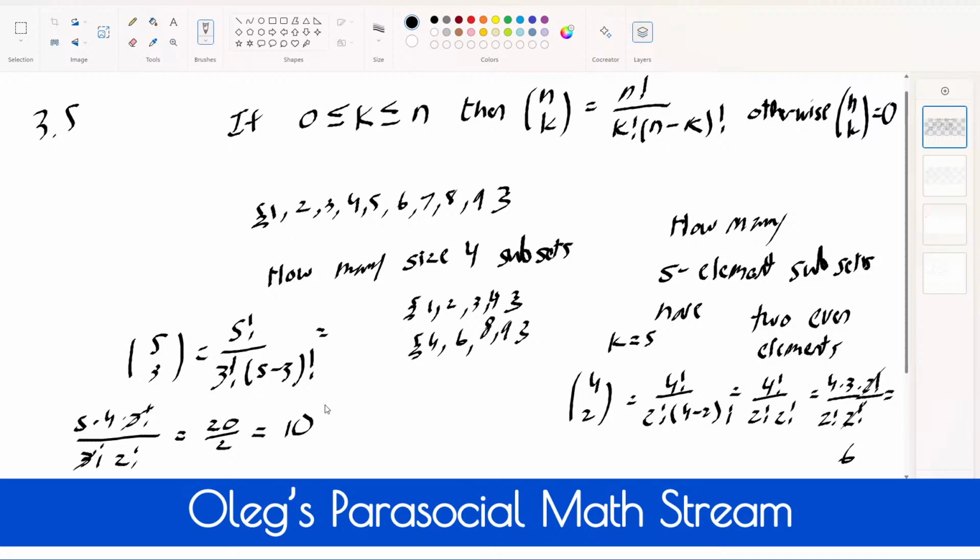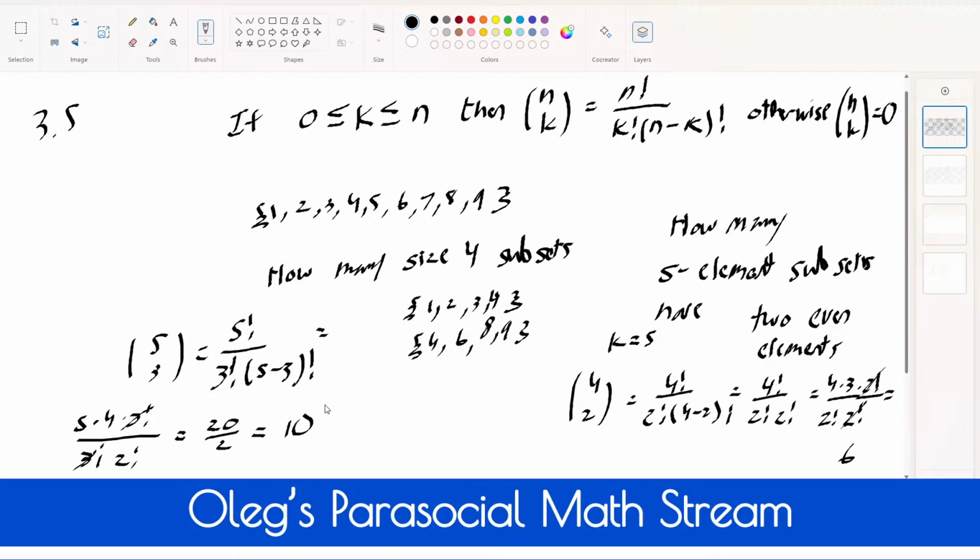Okay, so now there's 10 different ways we can get 3 odd numbers of our 5. And there's 6 different ways we can get 2 even numbers of our 4 even numbers. And now we just have to combine the two and figure out all the different ways they can mix, so that we get 2 evens and 3 odds.